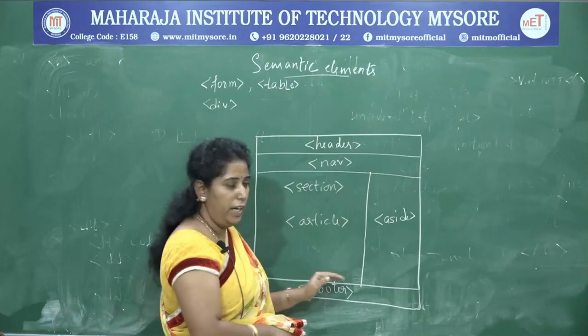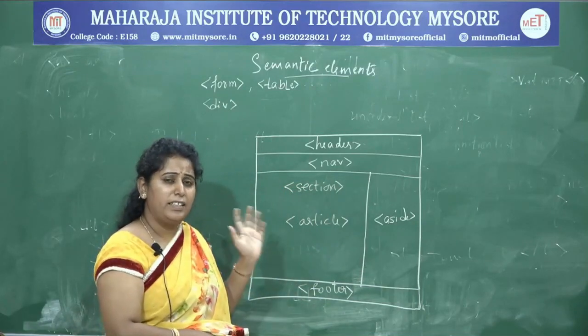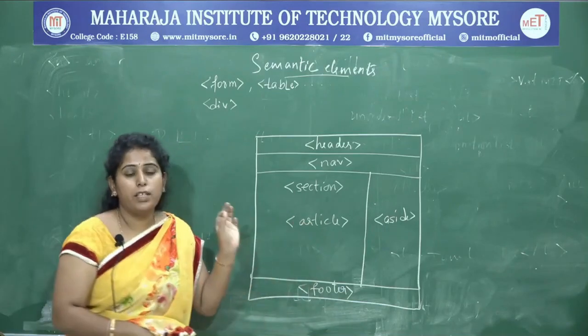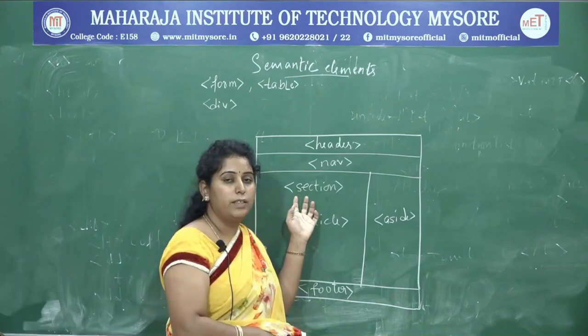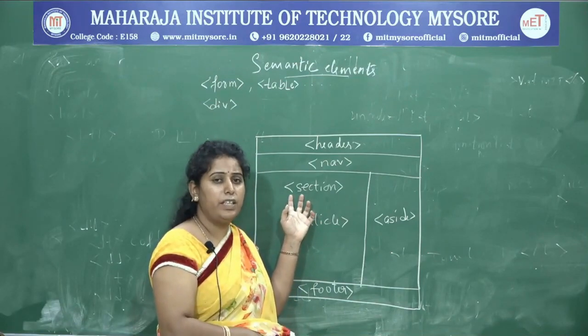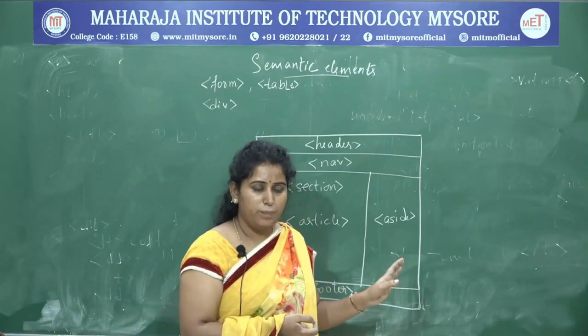So next, under that we have a larger area which has been limited for section and article. So what is this section? Section means thematic grouping of contents, typically with headings. Let me take an example of 7th semester students.